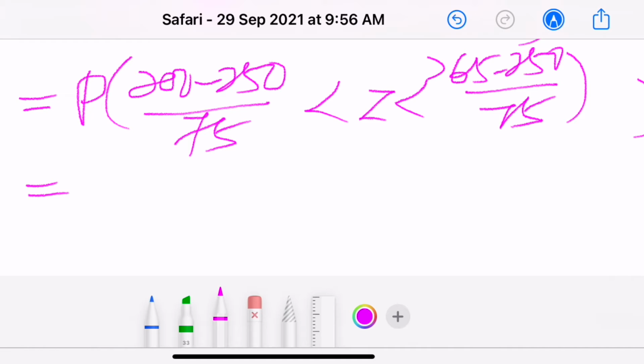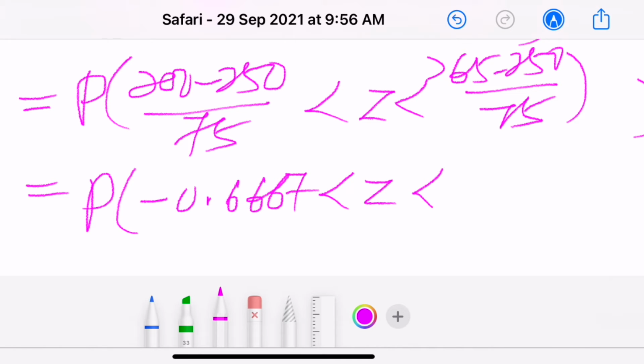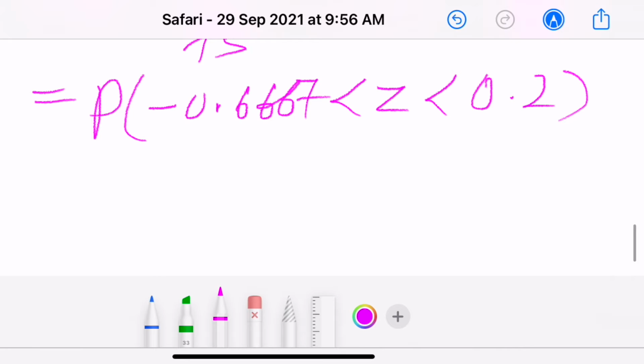Your answer is negative 0.667. This is a z-score. Then 265 minus 250 divided by 75 is 0.2.